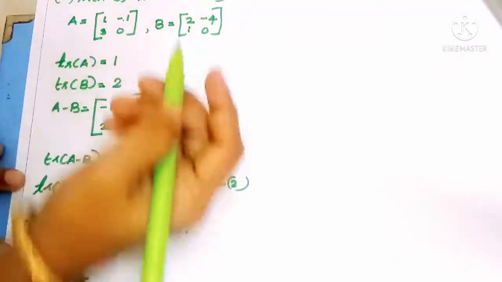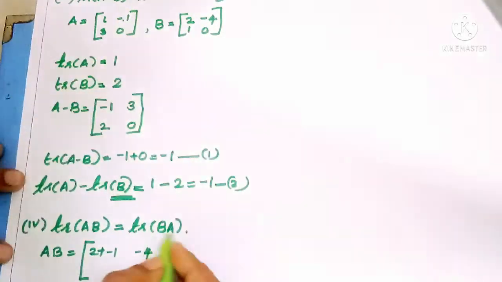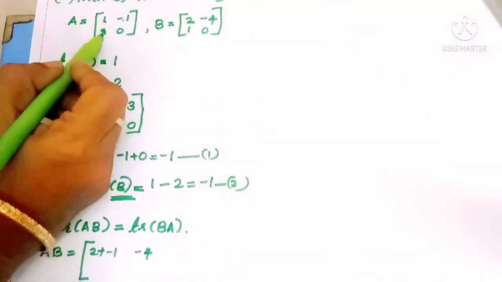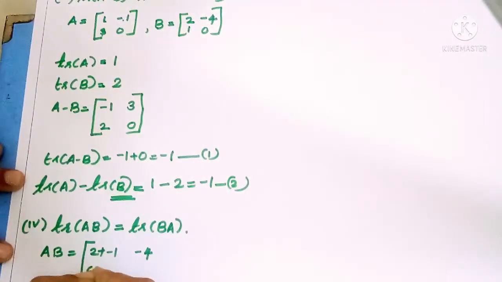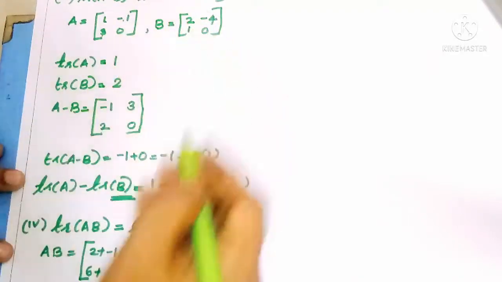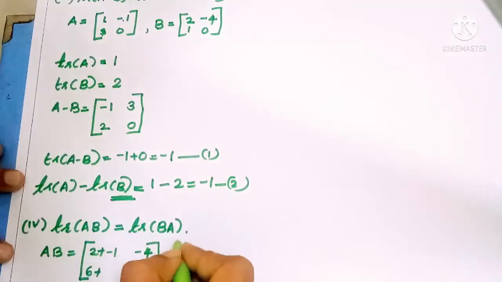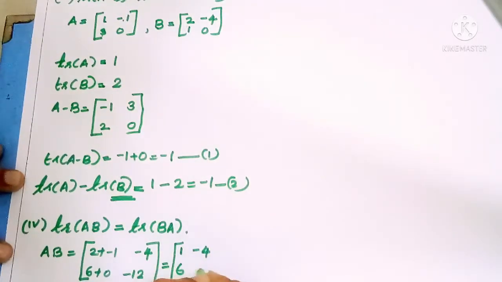Then 1 into minus 4 becomes minus 4 plus minus 1 into 0 becomes 0. Then 3 into 2 becomes 6 plus 0 into 1 becomes 0. Then 3 into minus 4 becomes minus 12 plus 0. So AB should be equal to [2 minus 1 becomes 1, minus 4; 6, then minus 12].